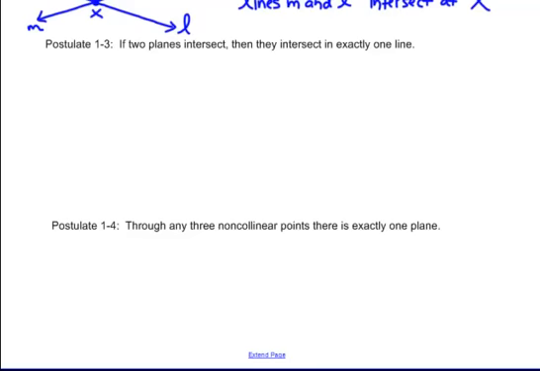I want you to think about taking 2 note cards, 2 index cards, and making them cross through one another. I'm going to try to draw that, and I will demonstrate that in class tomorrow so you can see what I'm talking about.